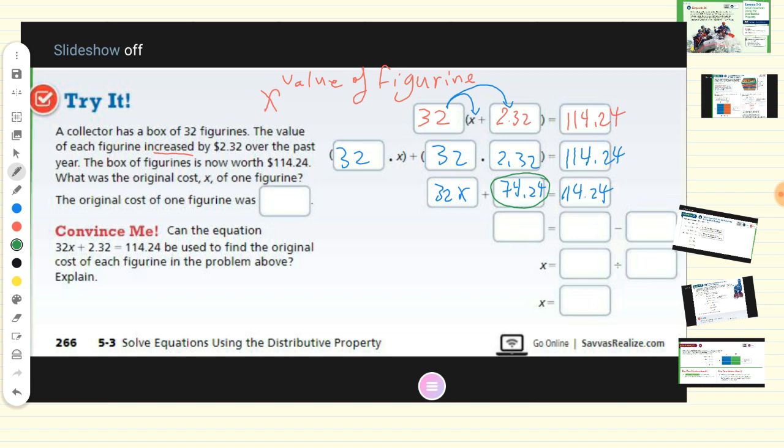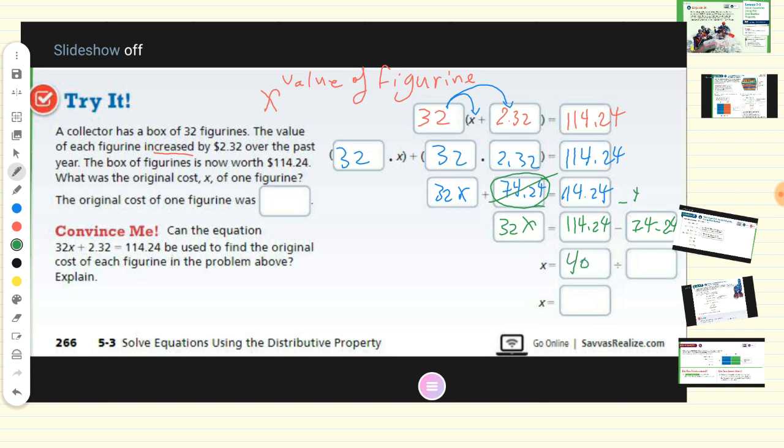So after I subtract 74.24 from here, and subtract the same number from the second side, it will remain 0 here. So the remaining here will be 32x equals 114.24 minus the same number, 74.24. The remaining actually will be 40.